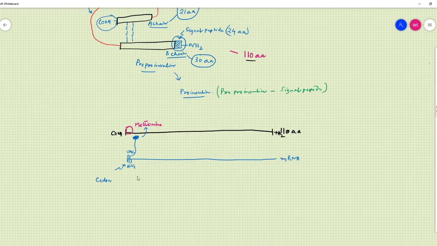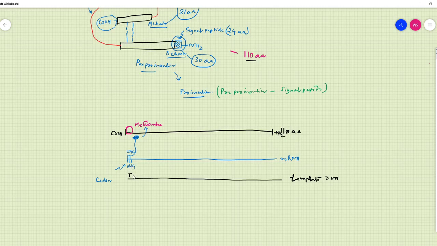Okay, and now if we draw the template DNA, because it is messenger RNA, there is U. Otherwise it will be T, no?